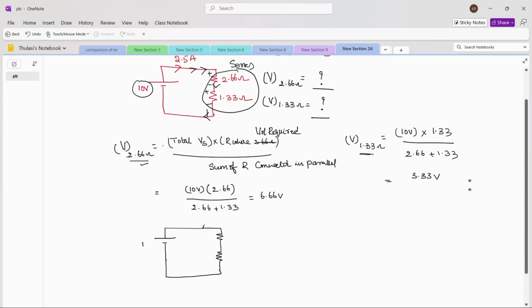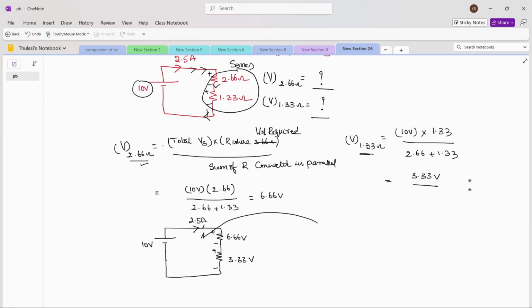The applied voltage is 10 volts. Whenever the current of 2.5 amperes flows, it enters as positive, it leaves as negative. So what is the voltage we obtain here? 6.66 volts. What is the voltage obtained at this point? 3.33 volts. You may have doubt whether we have done it correctly or not.